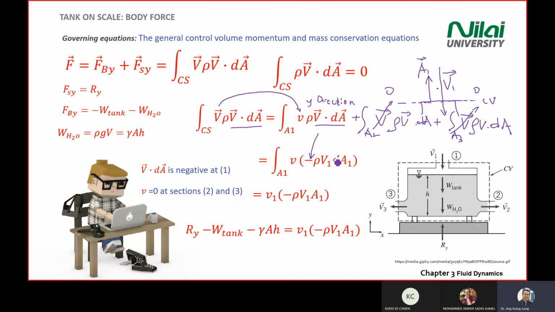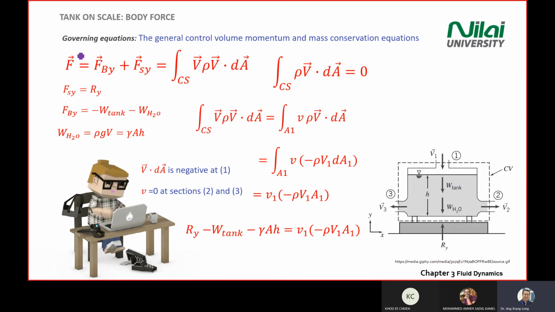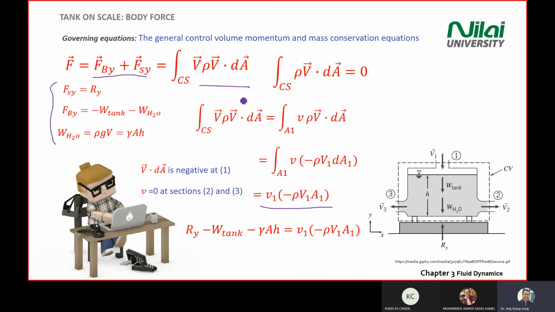So if you integrate your dA1, you get A1. So from here, you get all the equations for the momentum equation, which is on the side here. You substitute all these three equations into here, and then you substitute this equation here.